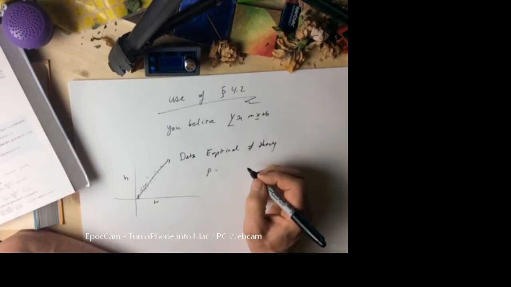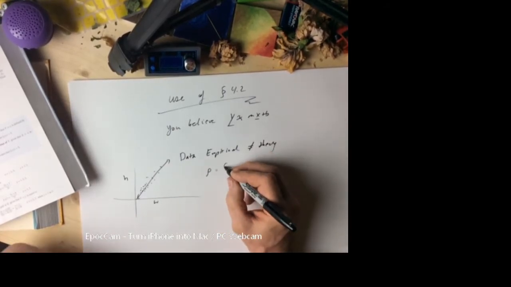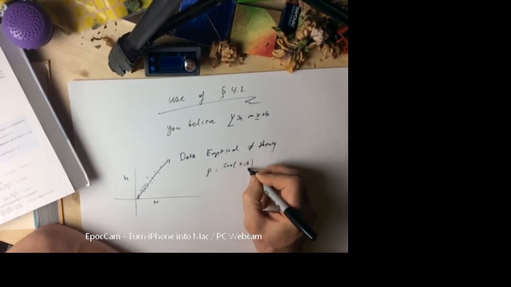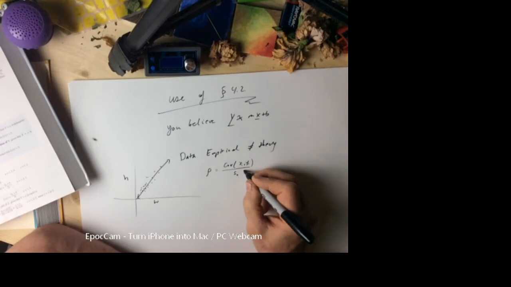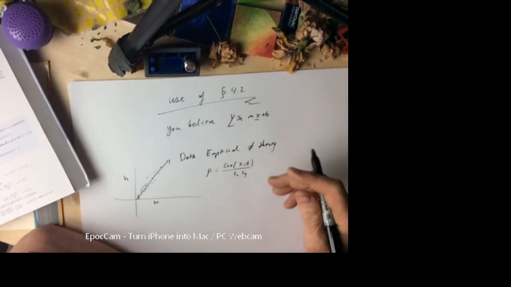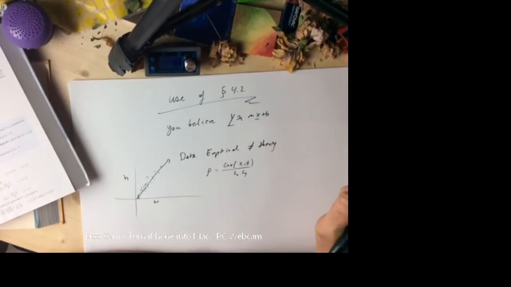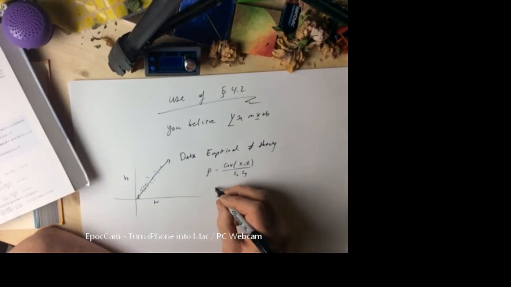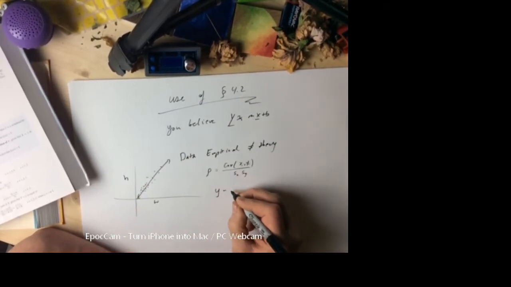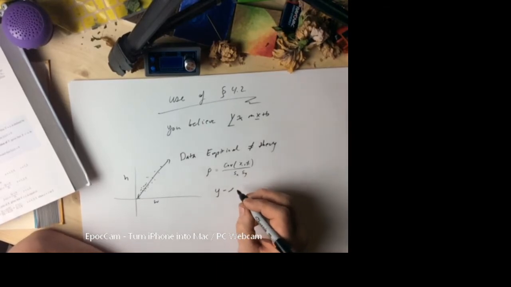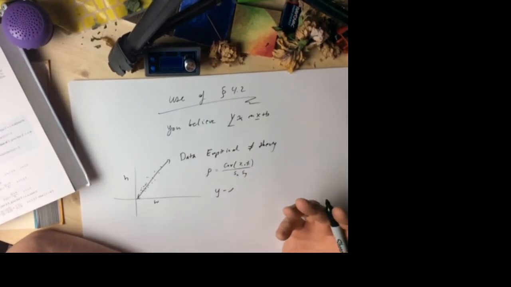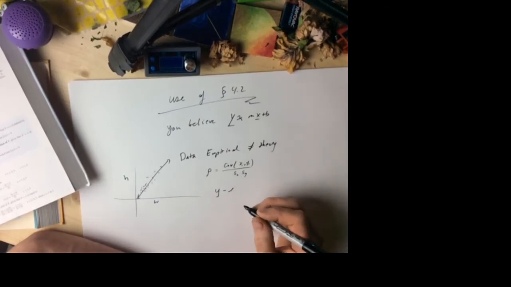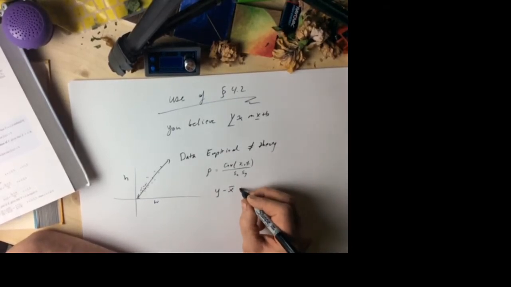We set rho equal to the covariance of the xi's, yi's over the standard deviation of x and the standard deviation of y, the empirical ones, not a theoretical one. And we discover that we have this y minus the, now mu of x is the theoretical average. When you have some data, we call it x bar.